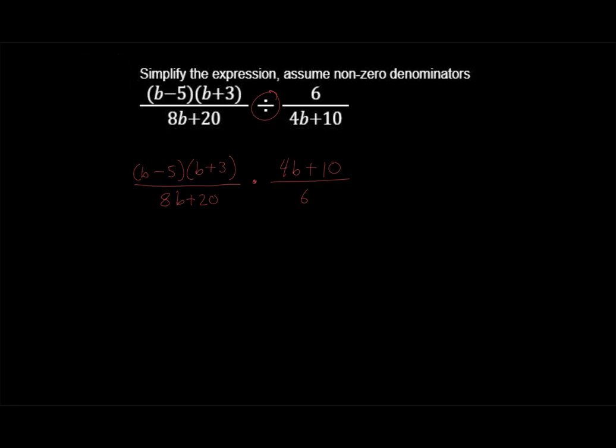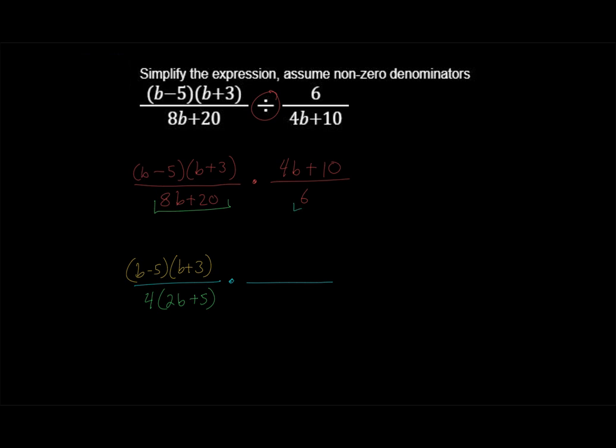Now we just have to go through and do the same thing we did before. We factor everything and then cancel. So it looks like b minus 5 and b plus 3 is already factored for us. So we're going to just bring it down. The 8b plus 20, it looks like it has a common monomial of 4, so we can pull out 4 from both terms, which will give me 2b plus 5.